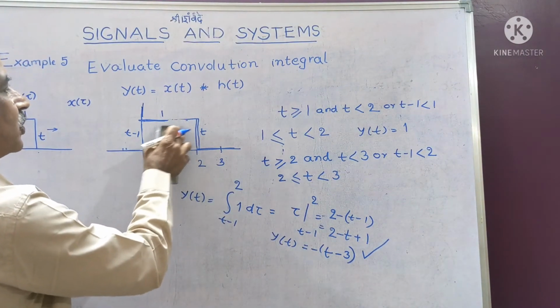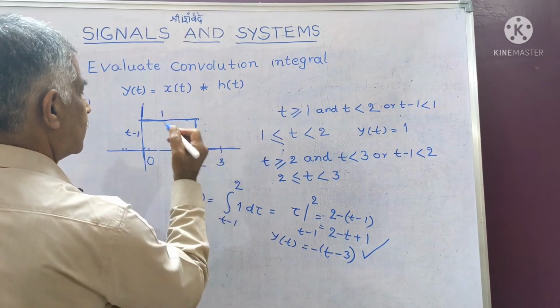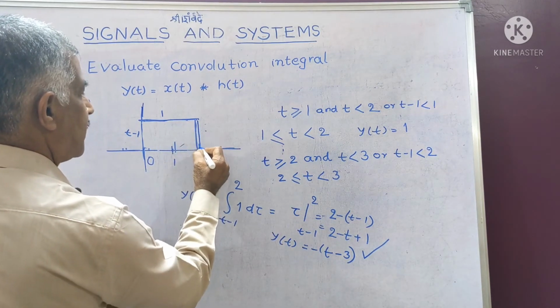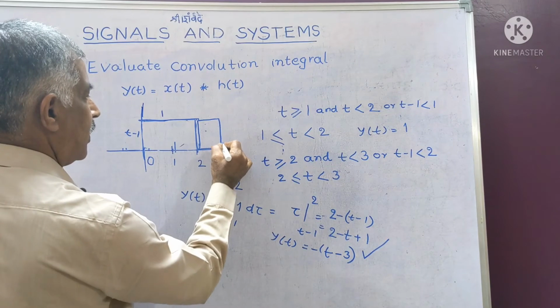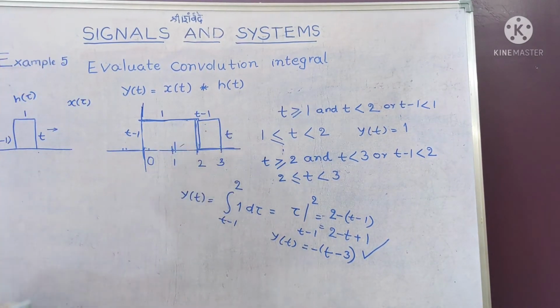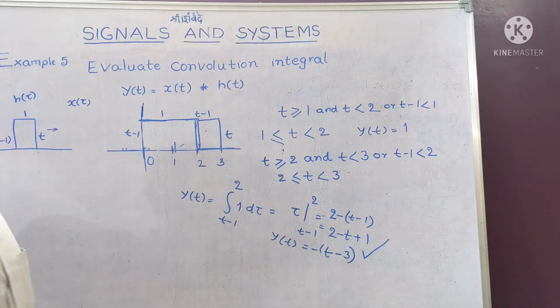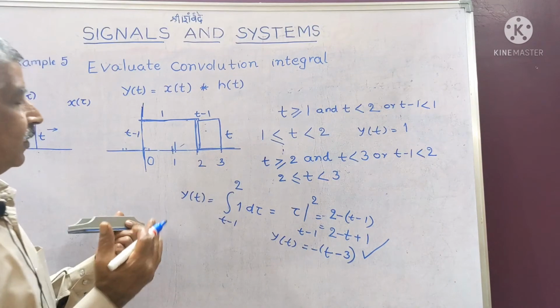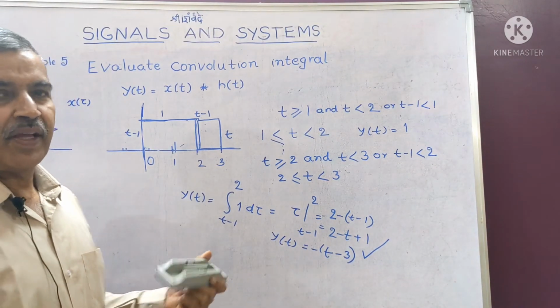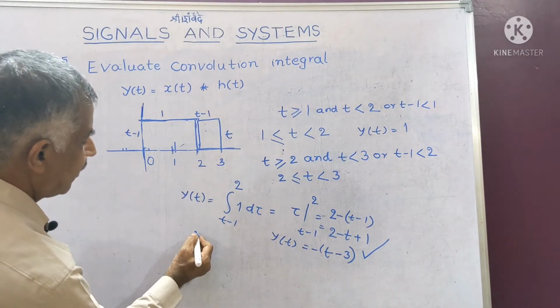Now the trailing edge also has occupied this position, and the leading edge is here. This is the t minus 1 edge, t. Both the edges have come out of the waveform. Therefore, there is no overlapping, even up to infinity. This is also one of the answers.